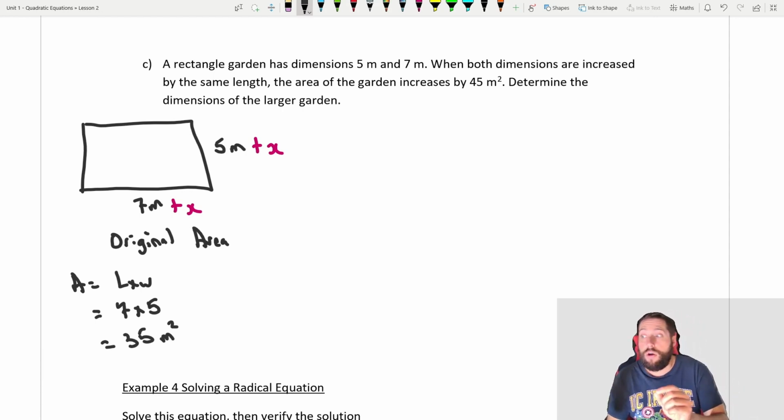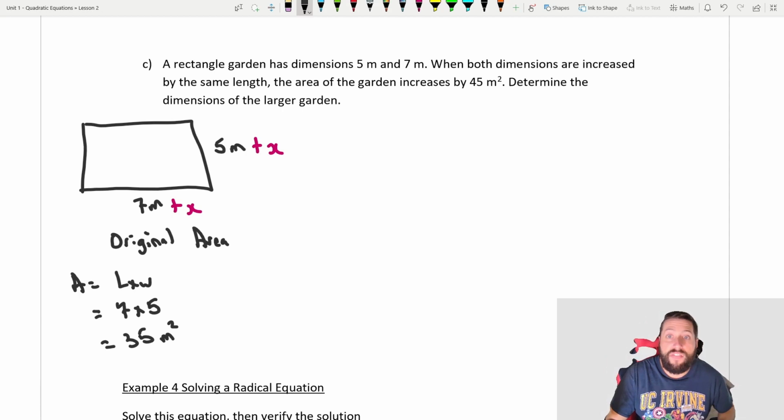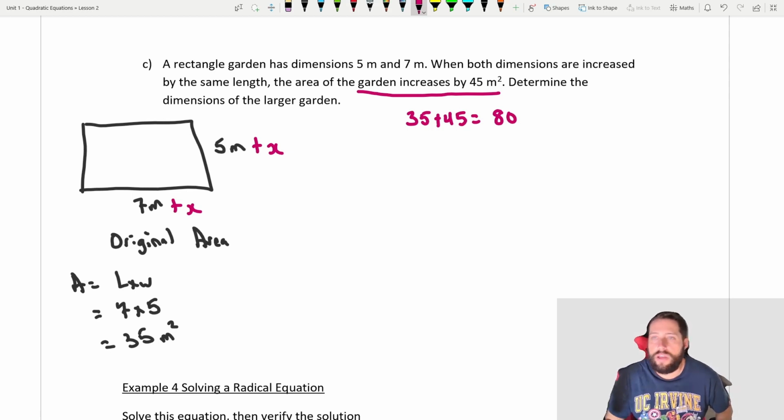That's the original area, okay? But now the area of the garden has increased by 45 square meters. So that means our 35 is now increased by 45, which means that 80 is the new one. Okay, so let's calculate the new area.